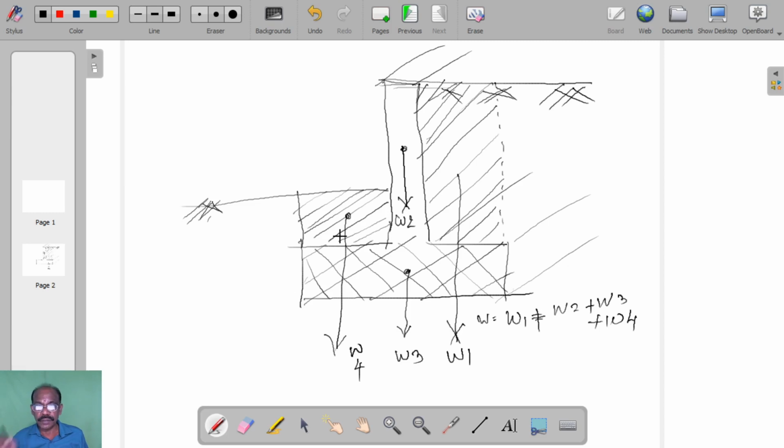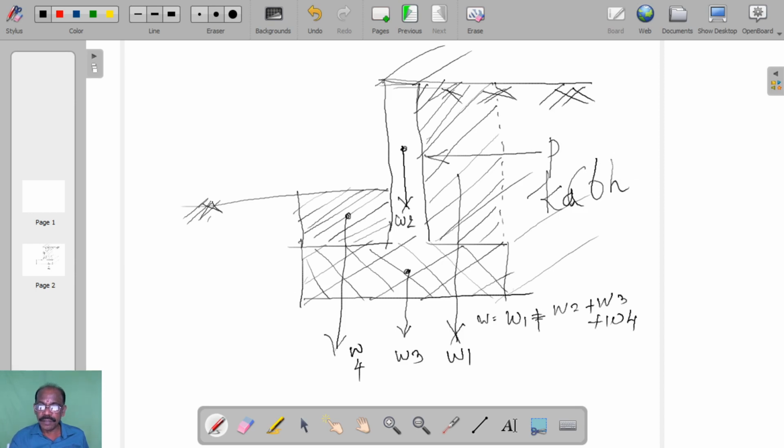And only one horizontal force is acting: P equal to Ka into gamma into H.